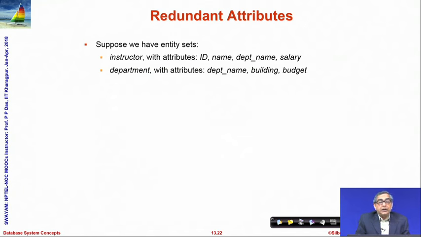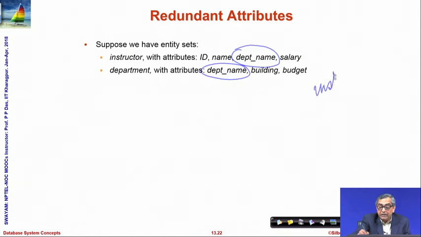Some attributes in the design may turn out to be redundant also. Consider this, you have already seen this. This is an instructor which has a department name along with the different attributes, and certainly I have a department table, which is the department relation which gives the details of the department.